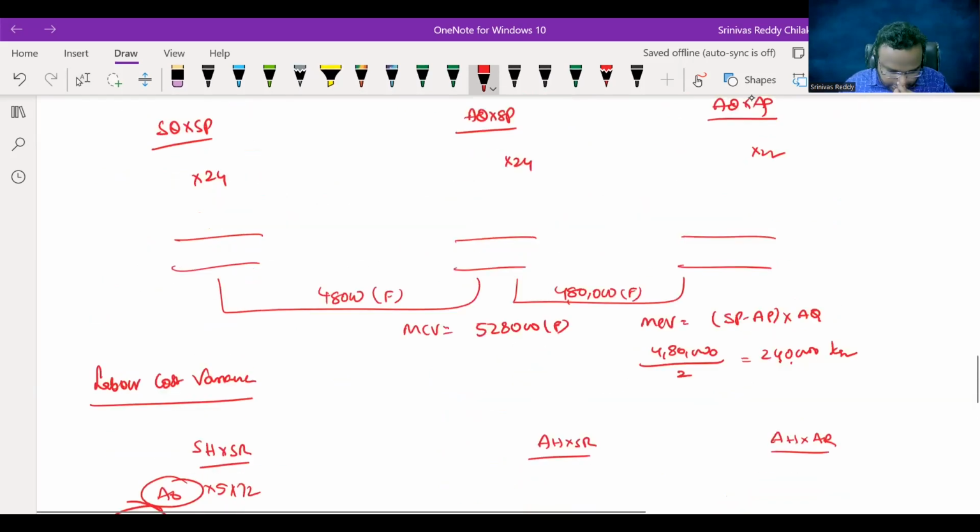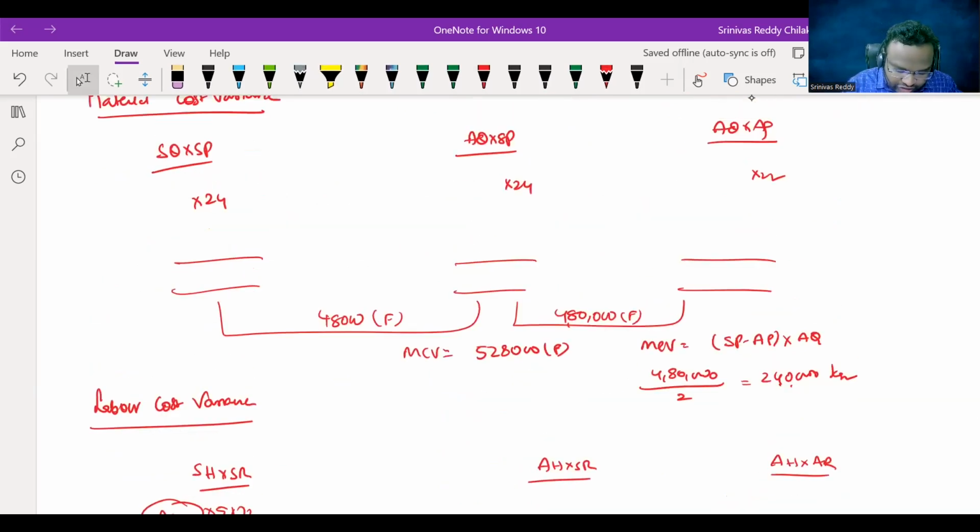Okay. Here also you can work out standard quantity for actual output, but they have given how many kgs standard quantity for actual output? 20 kilograms. You can use this also. So 2,40,000 kgs, 2,40,000 into 22. Actual quantity 2,40,000 kgs.